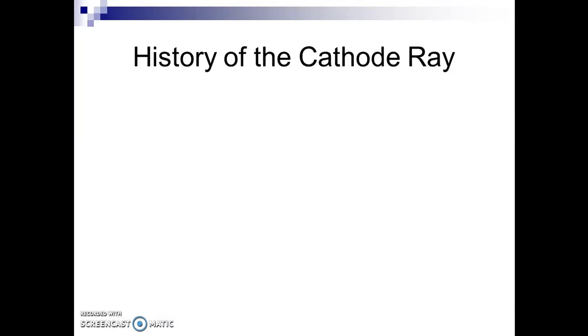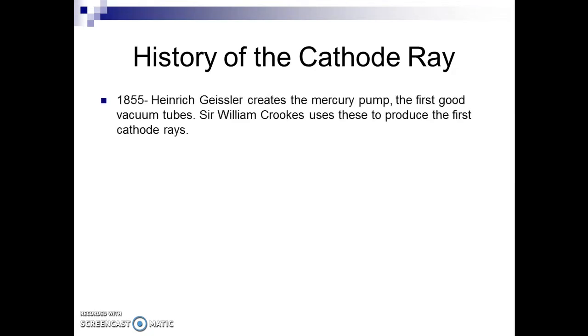Alright, so we talked about an electron beam. Another word for the electron beam is the cathode ray. And its history goes back 160 years now to when Heinrich Geissler created the first good vacuum pump. And he was able to make tubes filled with a vacuum or filled with nothing.